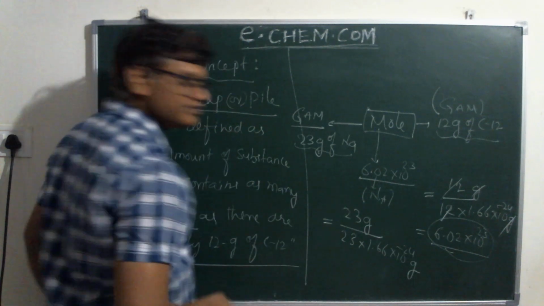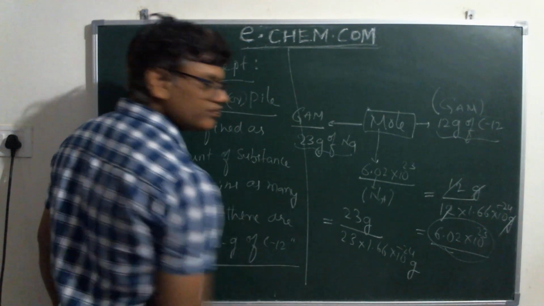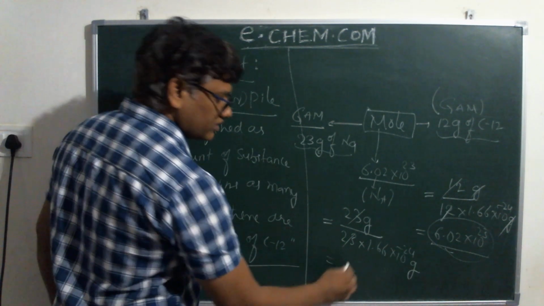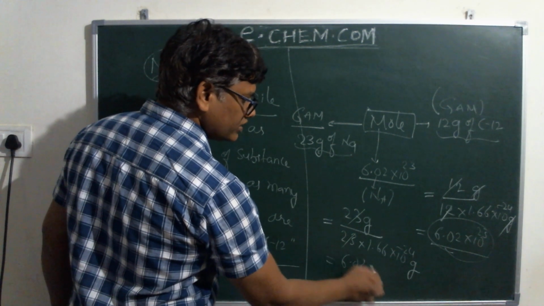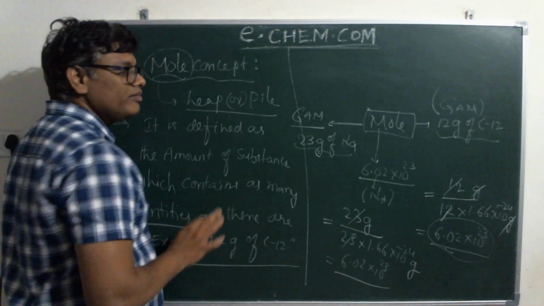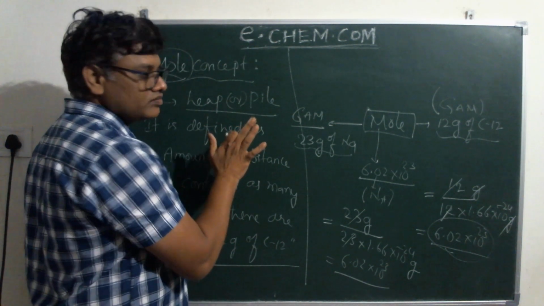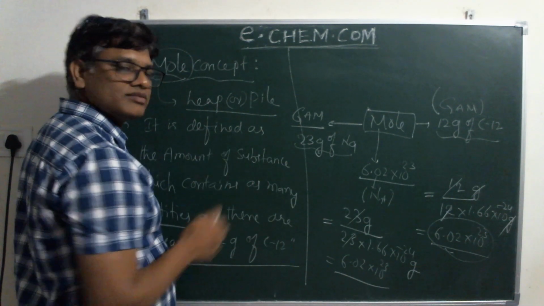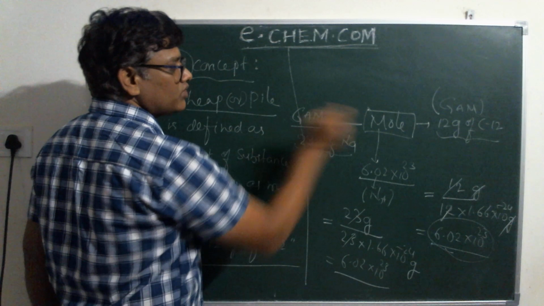This is the mass of one sodium atom. On calculation, again 23 gets cancelled, and you will get again 6.02 into 10 power 23. So any element gram atomic mass has Avogadro number of atoms, so that it has to be considered as 1 mole.